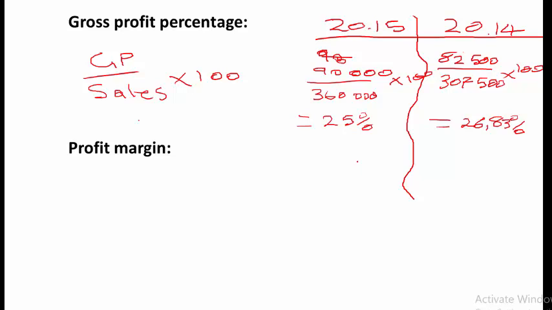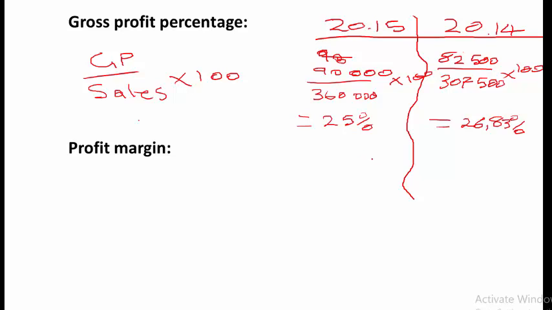Now the profit margin. We have a profit margin as well that we need to calculate. For a profit margin, you will take your net profit over sales. So this time around it is the net profit.